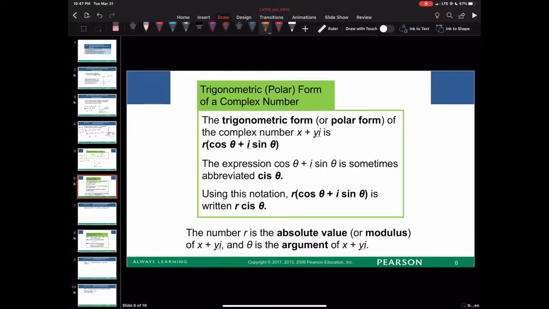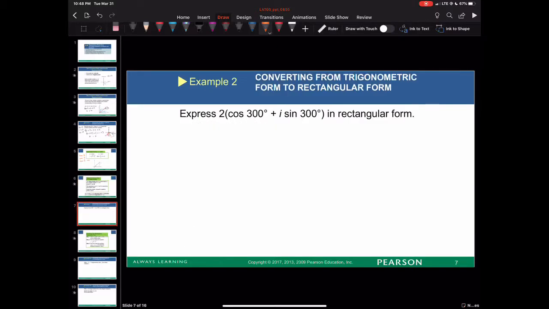So let's look at an example of this. It says express 2 times cosine 300 plus i sine 300 in rectangular form. The first thing you want to do is look and see what you've got.